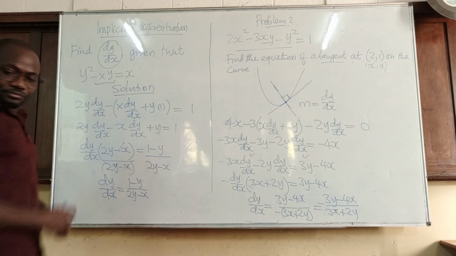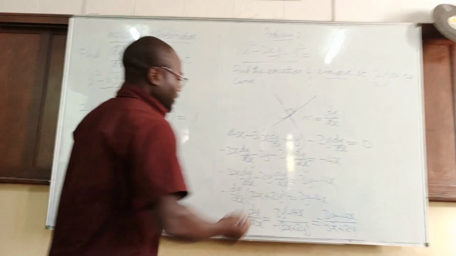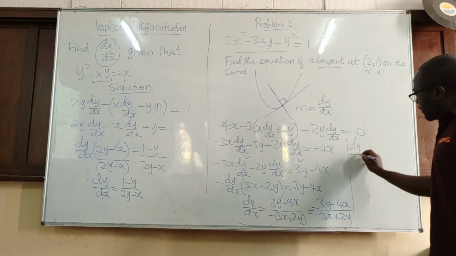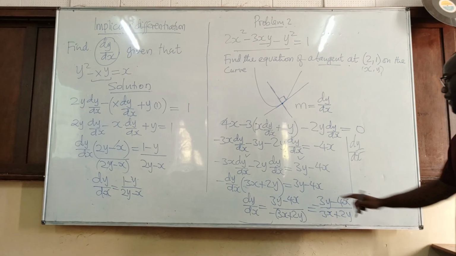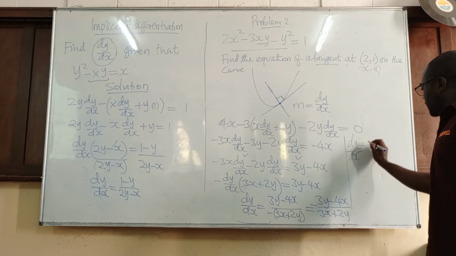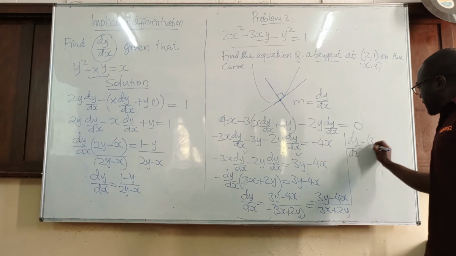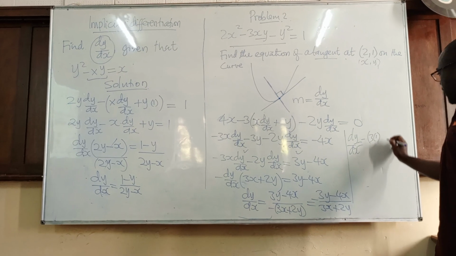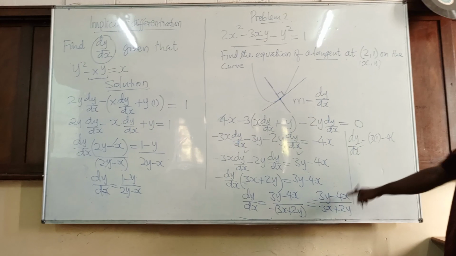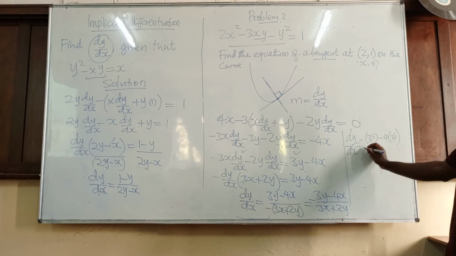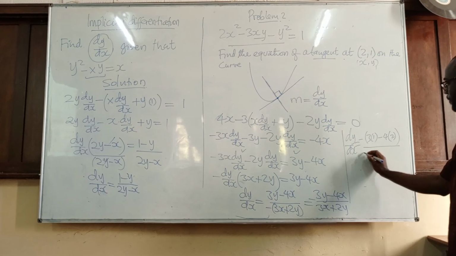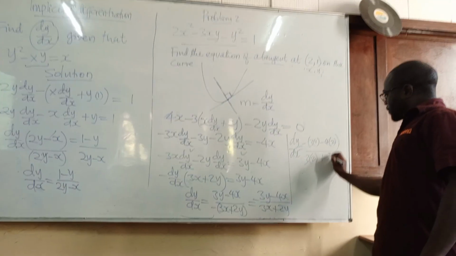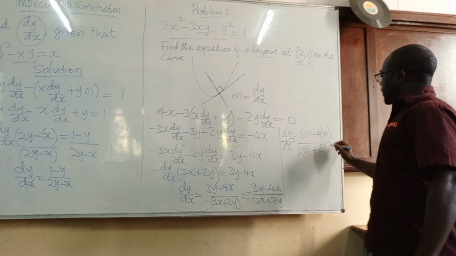So finally, let me use this part so that it's a small thing. dy over dx becomes 3, of course there's a negative. Where there's y, I put 1. Where there's x, I put 2. And then divided by 3, where there's x, I put 2, plus 2, where there's y, I put 1.